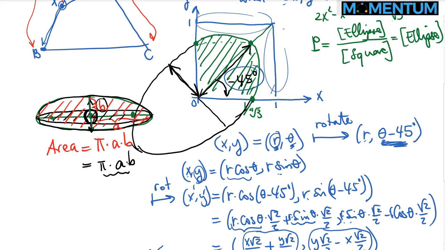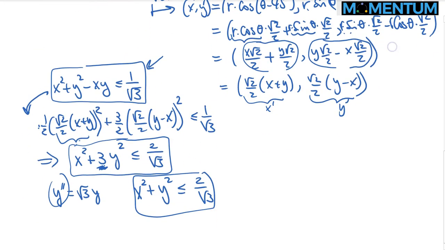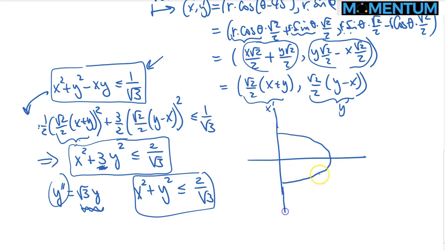However, when you do this substitution, the scaling, the stretching business, okay, let's do it in two steps. In the first step, we made sure that the ellipse is horizontal now. So something like that. But then, because we rotated it 45 degrees, our square now looks like something like this.